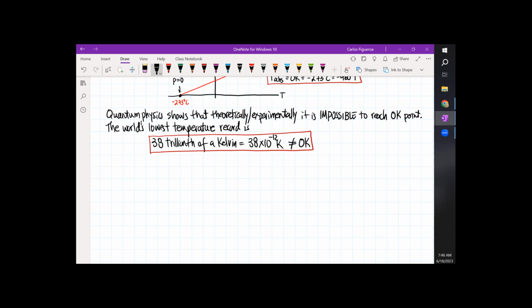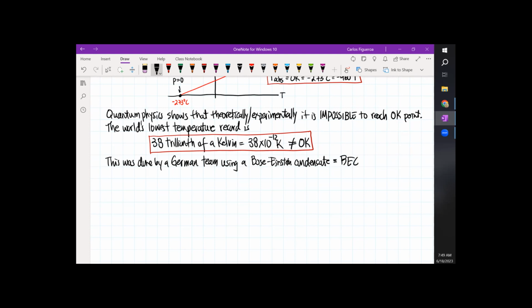And so what you're finding here is that this was done by a German team. I forgot when it was. I think it was like in 2010, using a Bose-Einstein condensate. This is called a BEC.